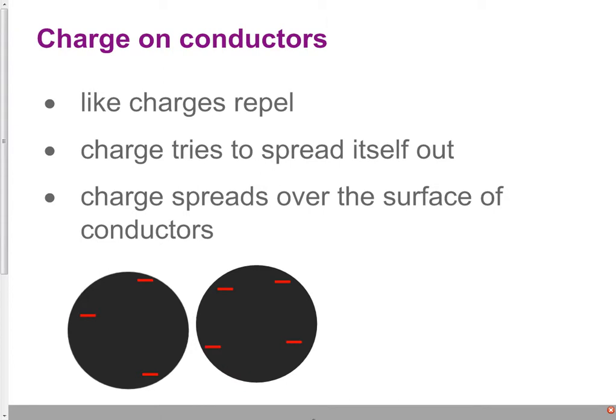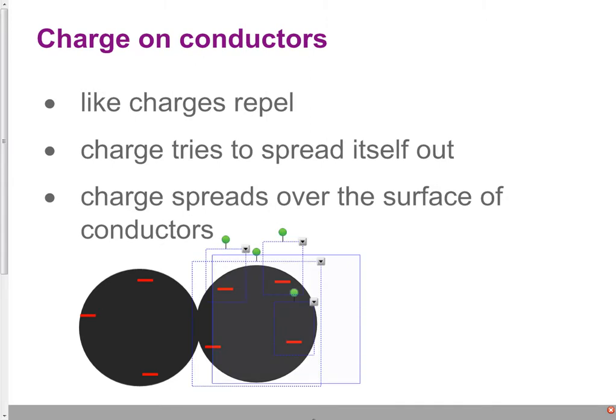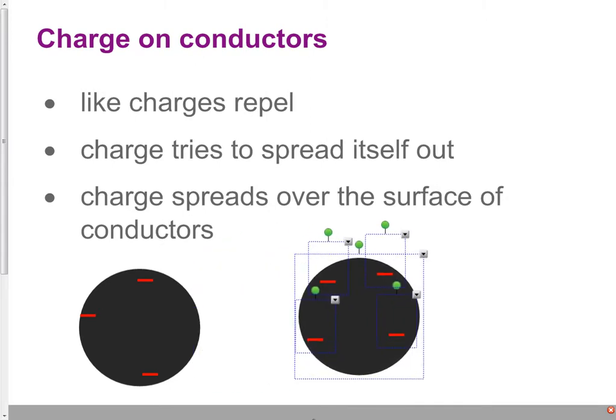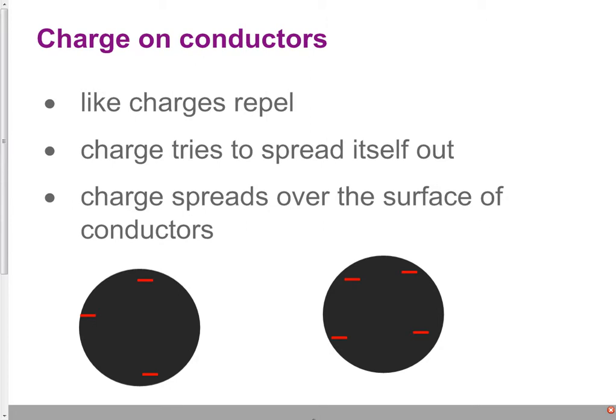Bit uneven this, but you get the idea. Okay, so charge spreads out on the surface of conductors. If you were then to separate these two conducting spheres, they would both now have a negative charge. It would have been shared out between them. So charge spreads out over the surface of conductors. Charge on the surface of insulators basically gets stuck wherever you put it.